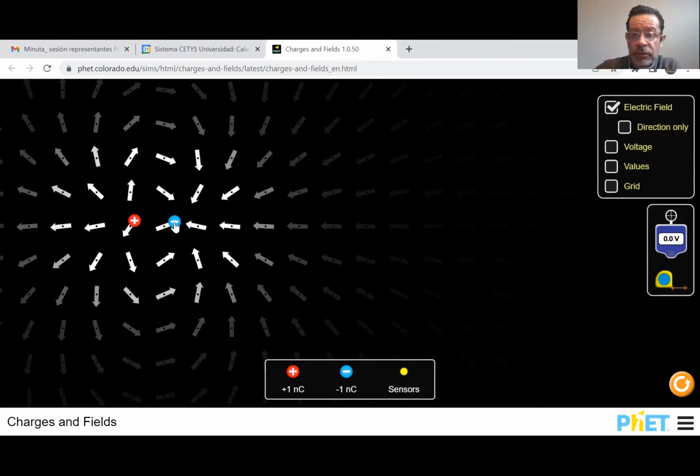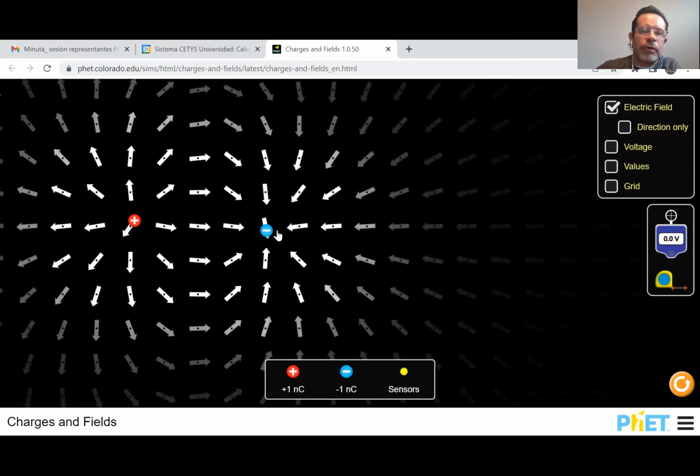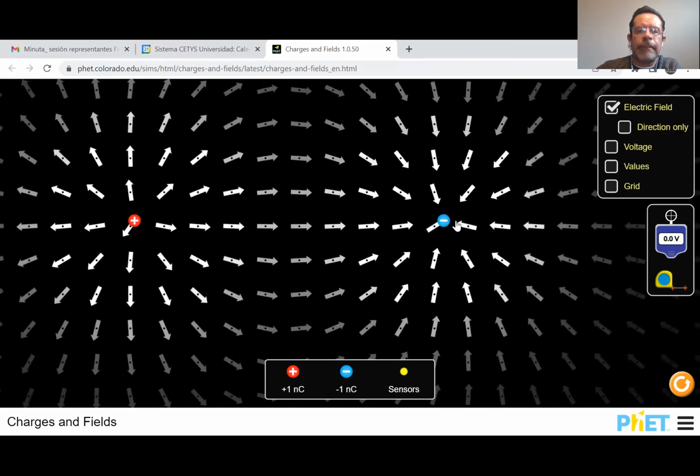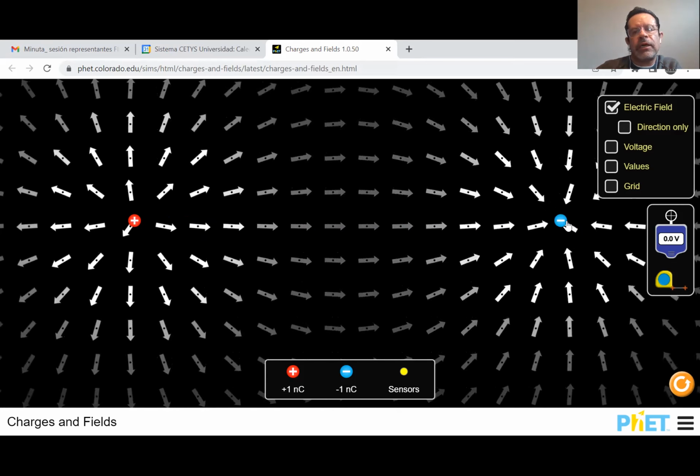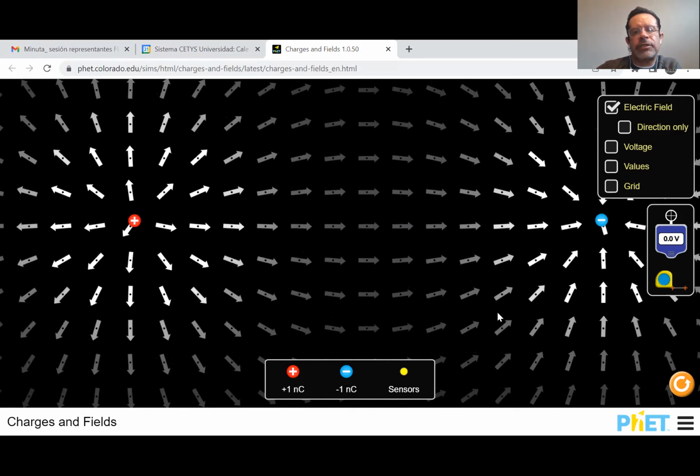The colors are strong, so it's intense because we notice that it's very white here. So there's more interaction there. What happens when I move the charges farther away? What happens with the interactions here in the middle with electrical fields? They start getting dimmer, you notice?